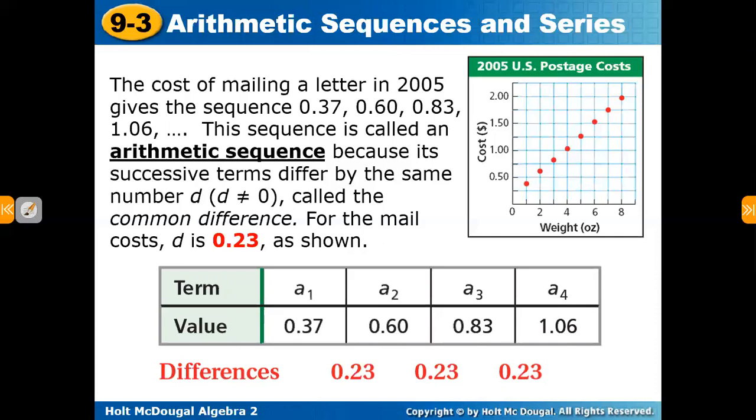And if you subtract 0.83 minus 0.6, again you will get 0.23. So the thing you can notice is the difference between the consecutive terms remains constant. The meaning of the word consecutive is coming one after the other. Like A2 comes after A1, A3 comes after A2.